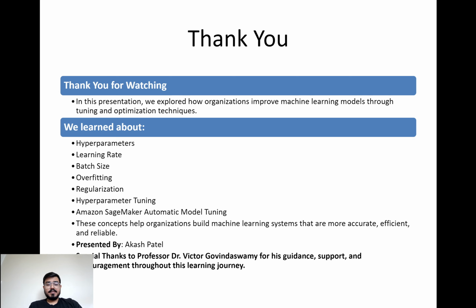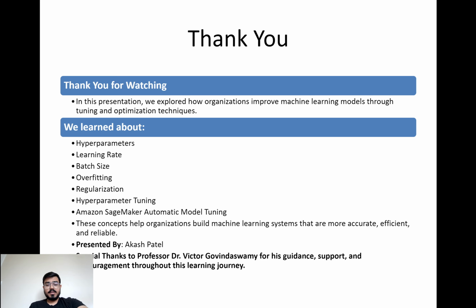So that's it. This brings us to the end of our presentation on model tuning and optimization fundamentals. Throughout this presentation, we explored how organizations improve machine learning models after training and evaluation have been completed. Through practical examples such as learning how to drive, preparing for an exam with a coach, sports teams, and product recommendation systems, we saw how these concepts apply to real-world situations.